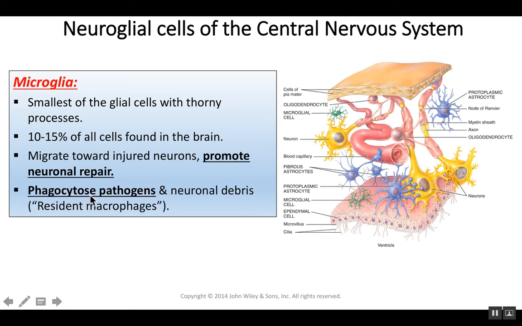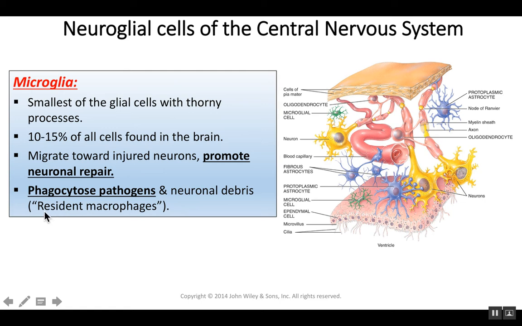But as far as another major function is to phagocytose pathogens. So they'll actually find a bacterium that might have gotten in and destroy the bacterium. They'll also be used to kind of clean up damaged tissue, debris that might be in the brain. So they're very helpful in brain injuries, brain trauma, as well as any kind of infection that might be in the brain.